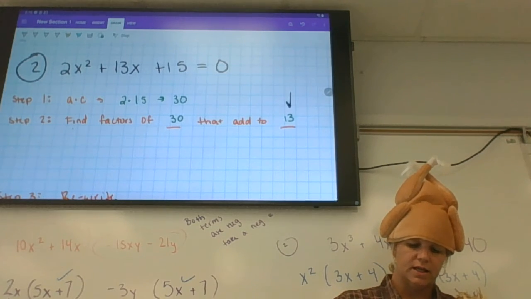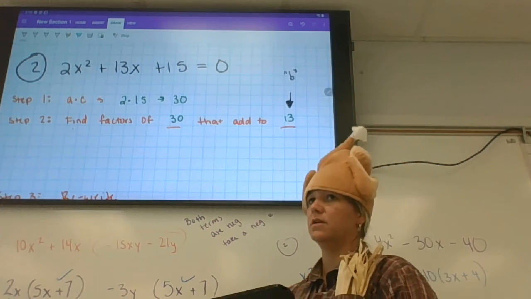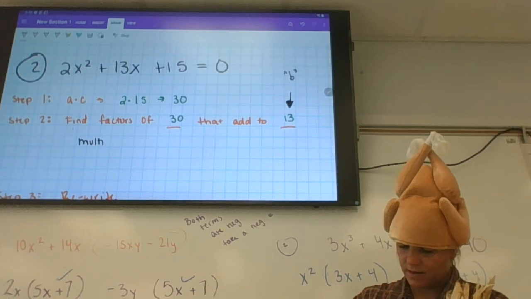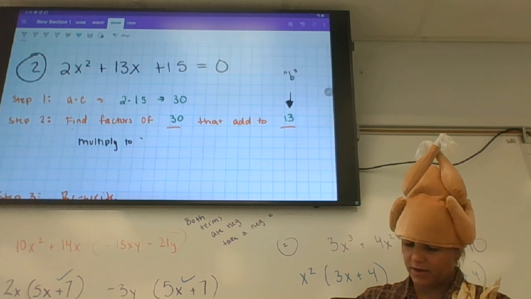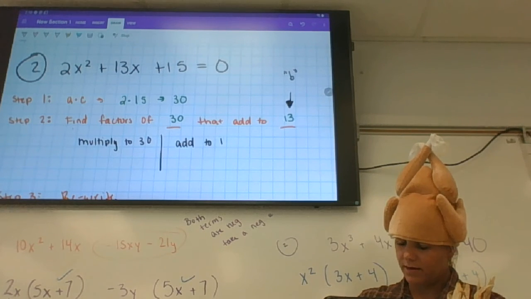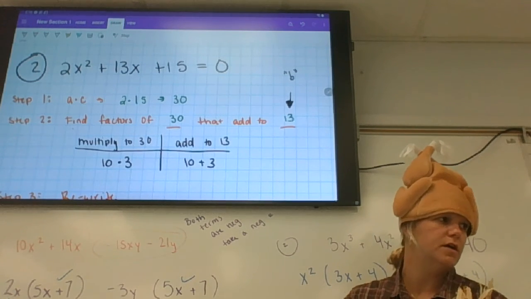This 13 is the B value. Yes. Okay, let's see. Multiply to 30. Add to 13. 10 plus 3.